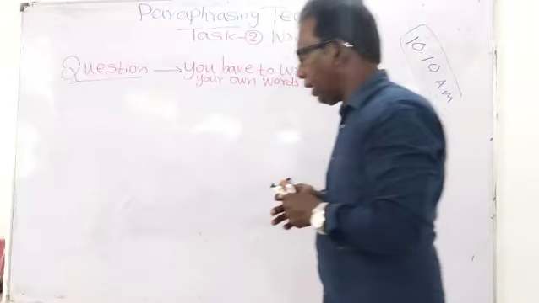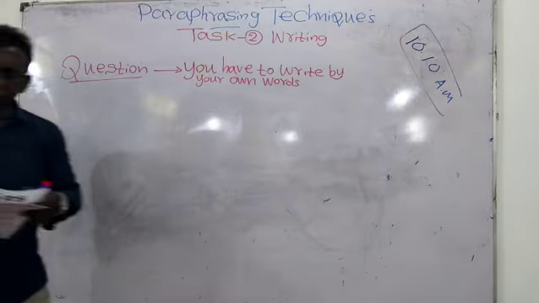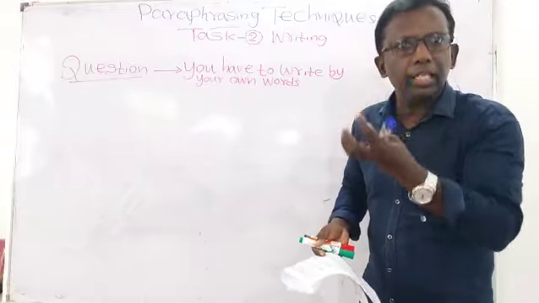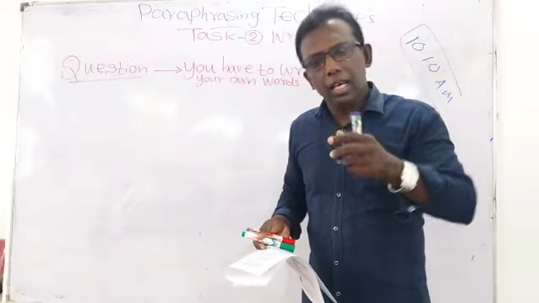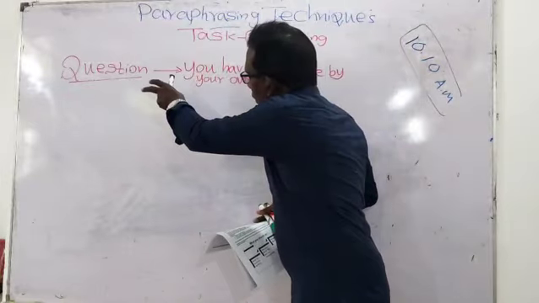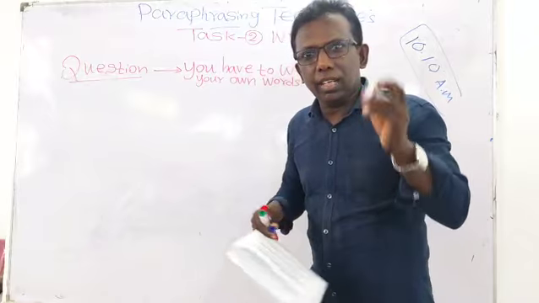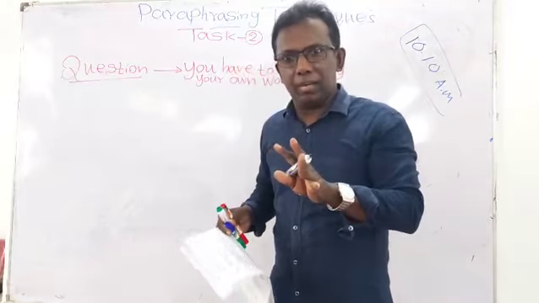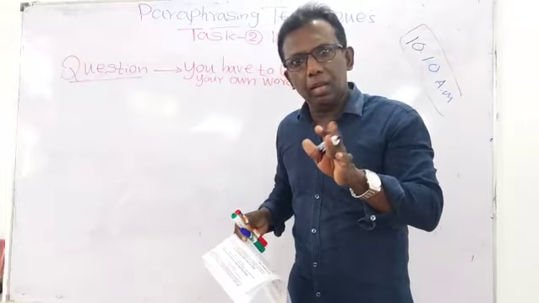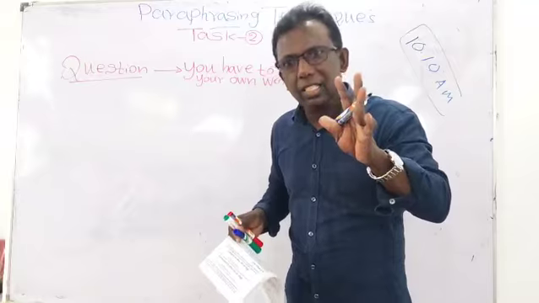When you get the IELTS writing task 2 question, you have to read the question, understand the question, and write the idea of the question in your own words. Don't write in the question format, write it as a statement, in a small paragraph of two or three sentences. That is paraphrasing.